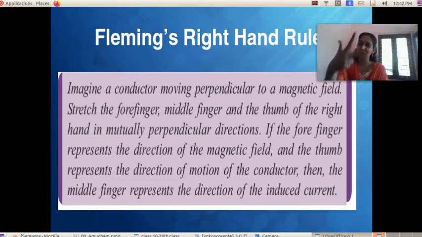Stretch the forefinger, middle finger and the thumb of the right hand in mutually perpendicular directions. The forefinger represents the magnetic field, the thumb represents the motion of the conductor, and the middle finger represents the direction of current. This rule is called Fleming's right hand rule.